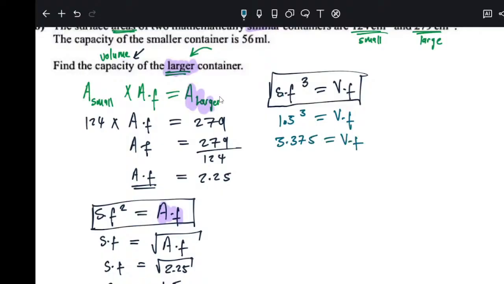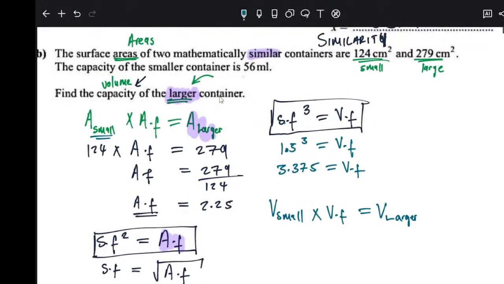So now you have volume factor. You are ready. You now say volume of small, because you had said area of small. So volume of small times volume factor is equal to volume of large. Don't change the order. So volume of the smaller one. What is the smaller one? Here, capacity of the smaller container, which is the volume of the smaller container, 56 mils, times the volume factor, 3.375. This will give us the volume of the larger one.